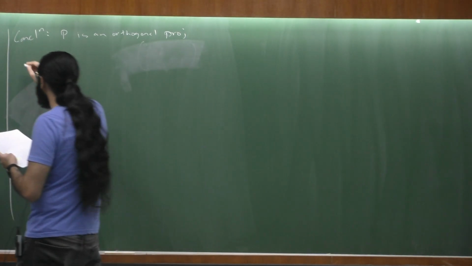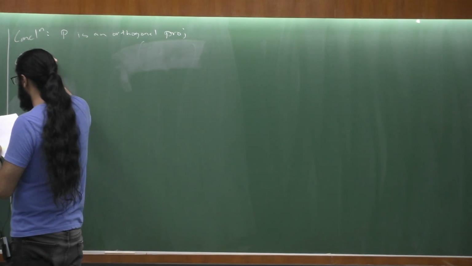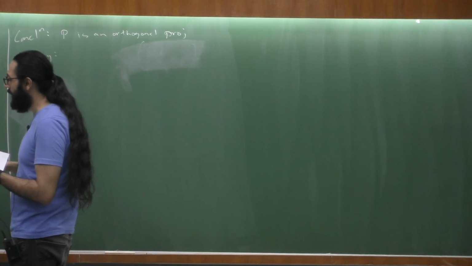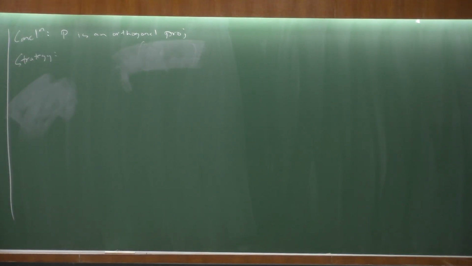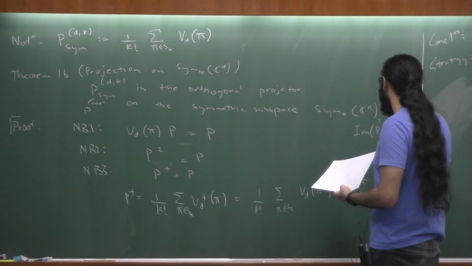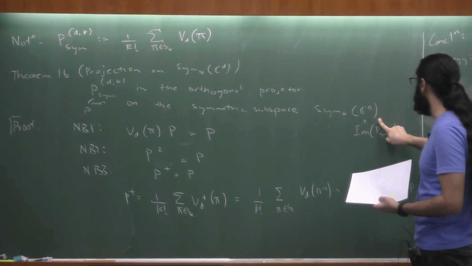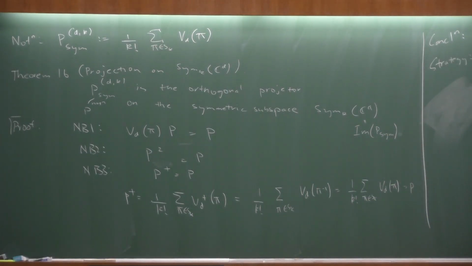Okay, so now the strategy for the remaining part of the theorem. I didn't write the full statement, it seems. The statement also said that the image of P_symmetric is the same as the symmetric subspace.